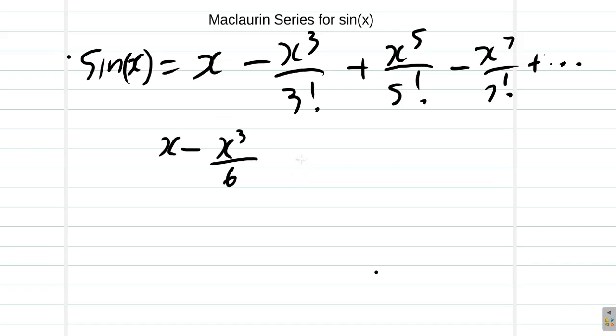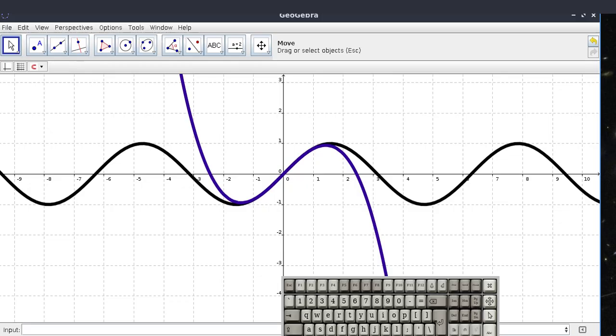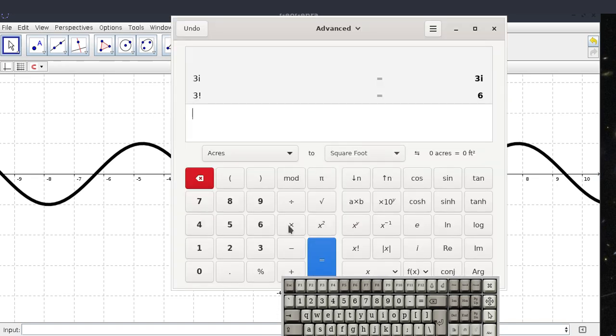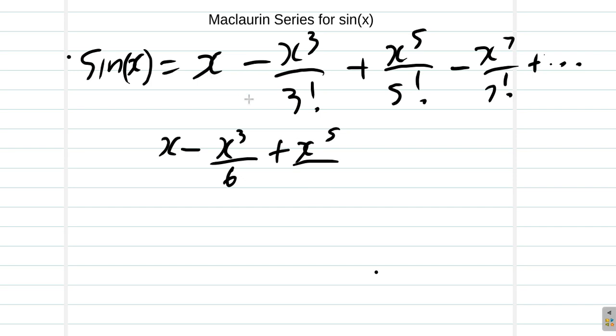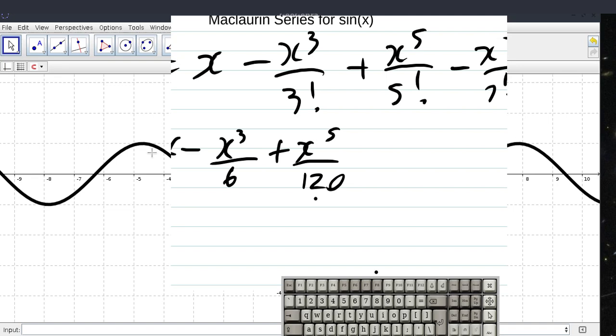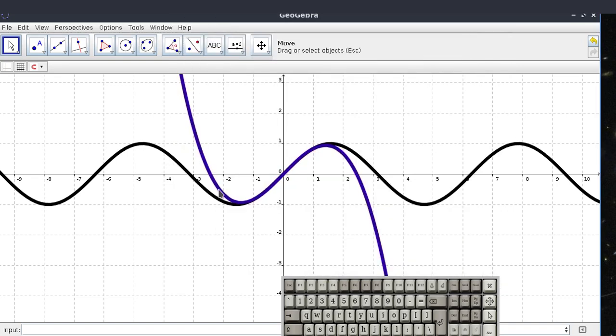All right, let's add x to the 5 over 5 factorial. What is 5 factorial? Let's just get it quickly using our calculator. 5 factorial equals 120. So it's x to the 5 over 120. What does that look like? So we're going to add x to the 5 over 120 to what we have here.